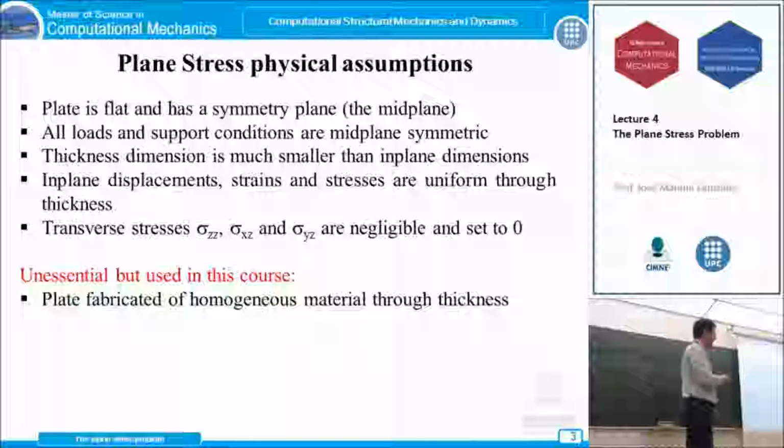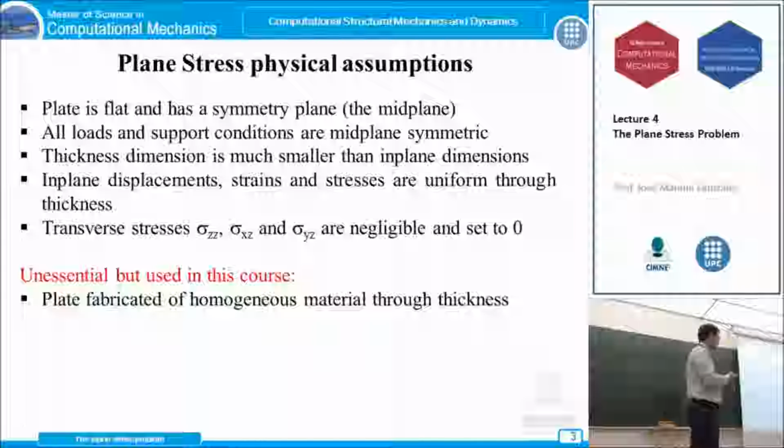This thickness dimension is much smaller than any of the in-plane dimensions, about 10%. We expect that this thickness is less than 10% of the smallest in-plane dimension, and the displacements, strains, and stresses are considered as uniform through this thickness. So this reflects the importance of this thickness as a small dimension.